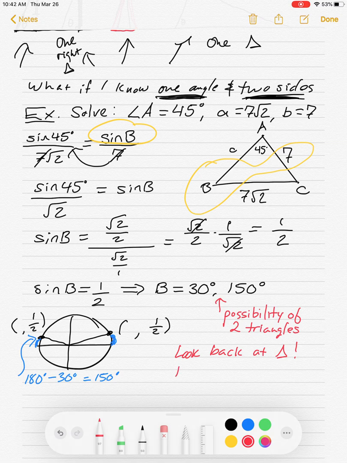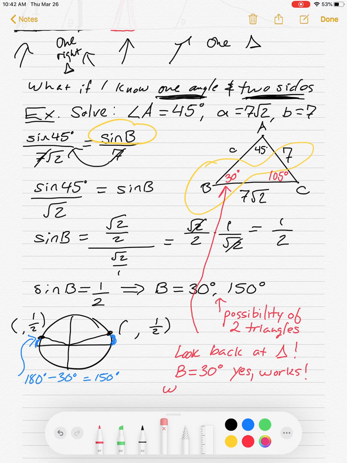So look, if I look at 30 degrees, if I go back up to my triangle here and I say, okay, if the B is 30 degrees, is this possible? Well, yes, because I'd have 30 degrees plus 45 degrees, which is 75 degrees. So what would be left here? It would be 105 degrees here, right? So yes, works.